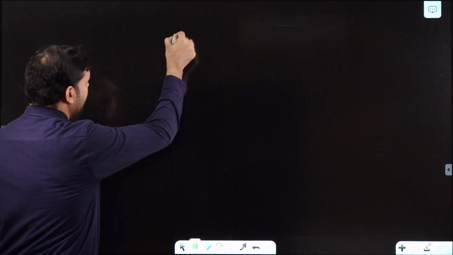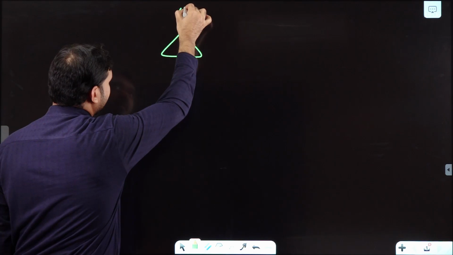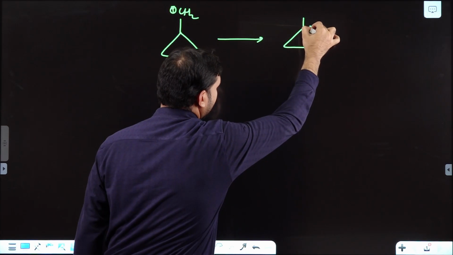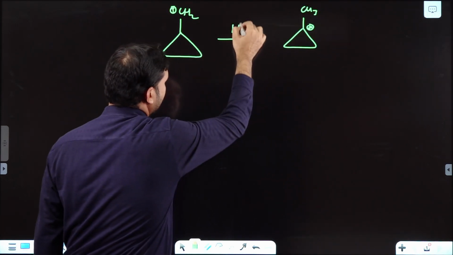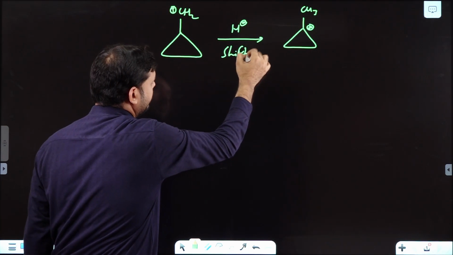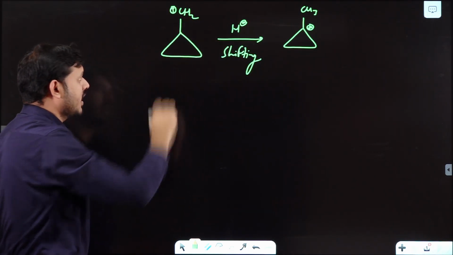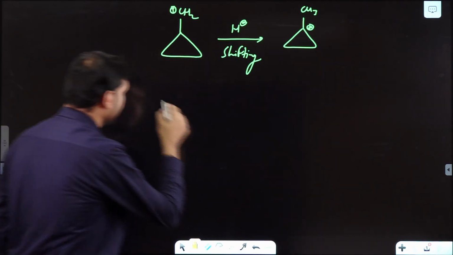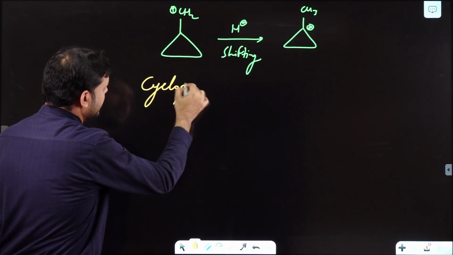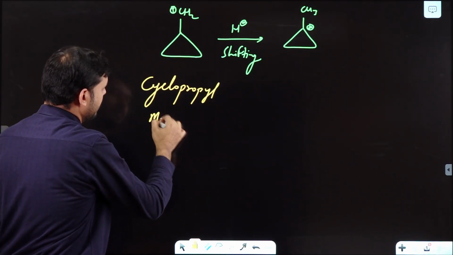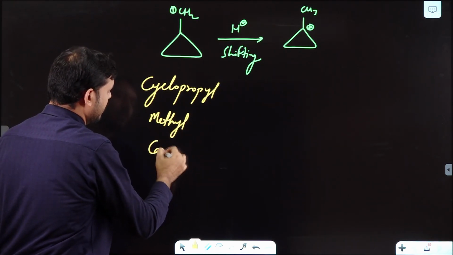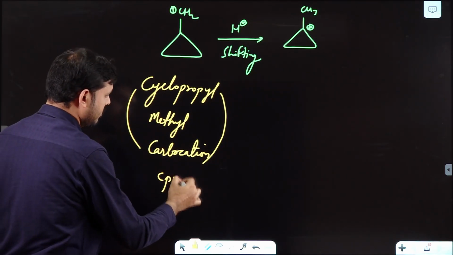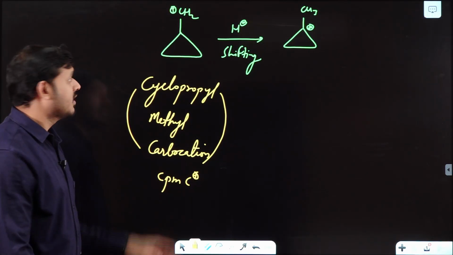Let me give you one more example. Here also I have made hydride shifting, a 1,2 H minus shift. Now here you can see this is a very famous compound generally called CPM, cyclopropyl methyl carbocation.